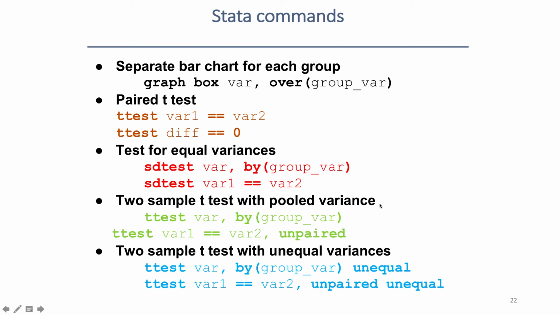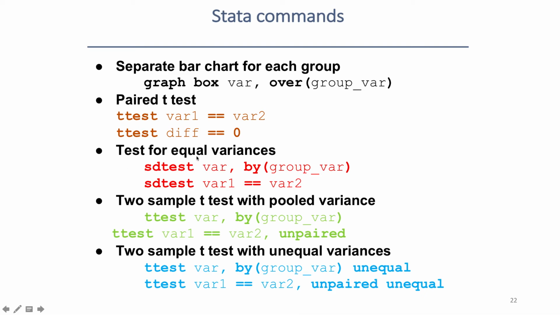So here are the data commands you're going to use. It's quite self-explanatory. Between these two, I will explain in the next slide. As you see, this is paired t-test. This one is basically one sample. Because there's nothing about unpaired, it is paired.